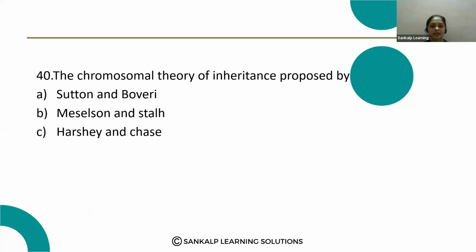Meselson and Stahl, Hershey and Chase discovered about DNA, they did experiments related to the molecular basis of inheritance. The chromosomal theory of inheritance was proposed by Sutton and Boveri. Option A is the correct answer.